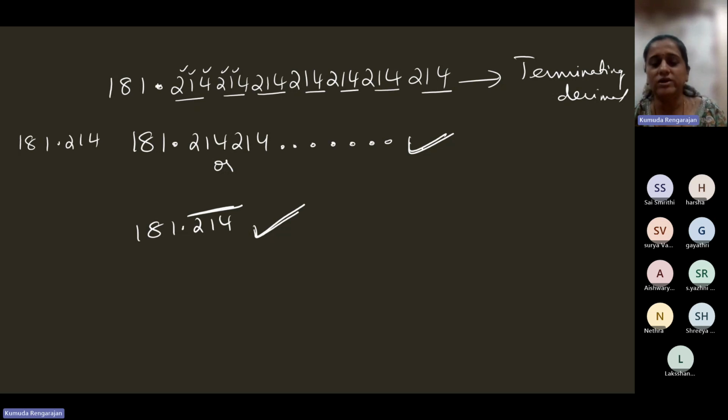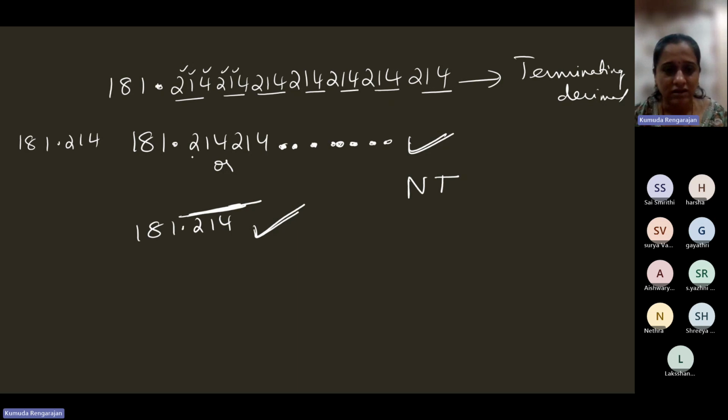Now, this one is non-terminating because it's not coming to an end. The dots or the bar say that the decimal part goes on and on. That's why non-terminating.